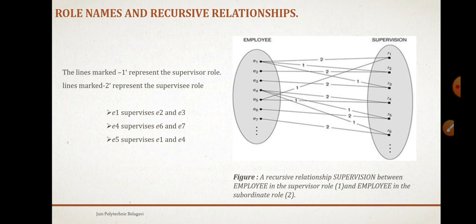The lines marked 1 represent the supervisor role, and the lines marked 2 represent the supervisee role. As shown in the figure, E1 supervises E2 and E3, E4 supervises E6 and E7, and E5 supervises E1 and E4.